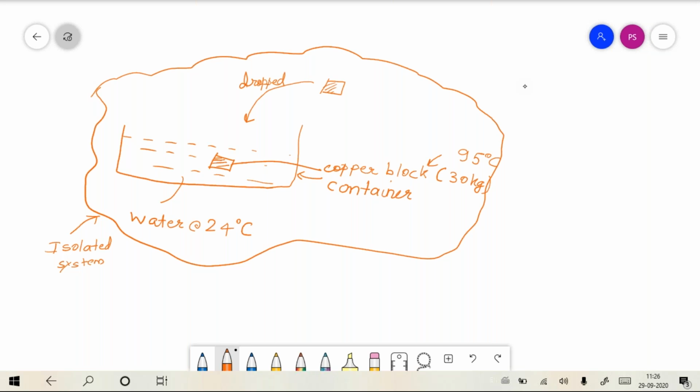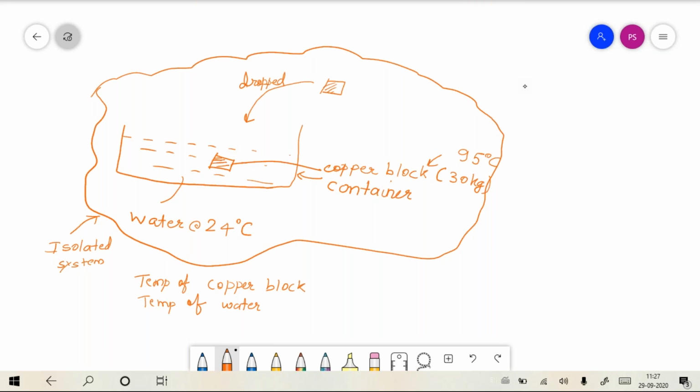There is no loss to the surroundings. So this is the question, and first you are required to find the final temperature of the copper block and the final temperature of water.